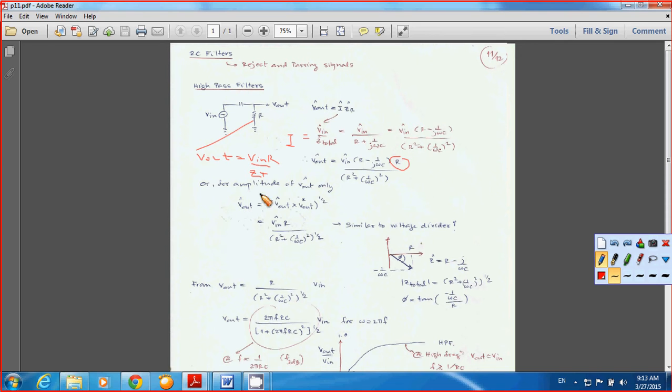And now you want to find the amplitude only. You simply find Vout equal to Vout multiplied by the Vout conjugate, and then take the square root. So when you multiply Vout and the Vout conjugate, you simply change the negative sign here to be the positive sign. I'll let you work out this one, right?